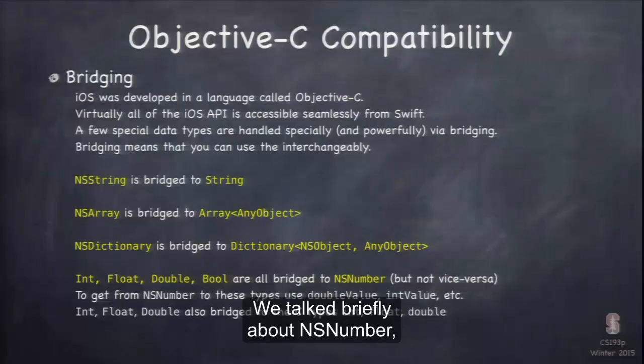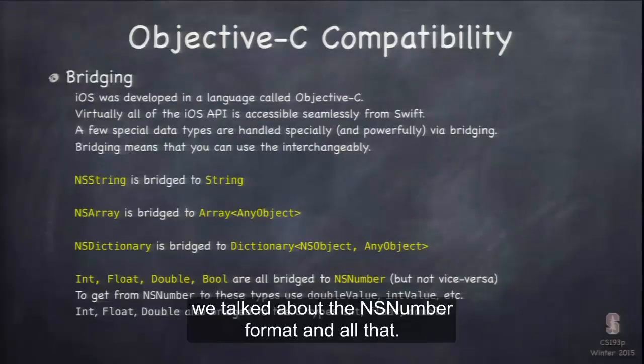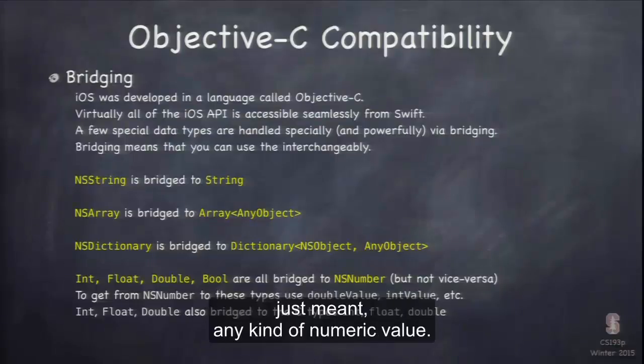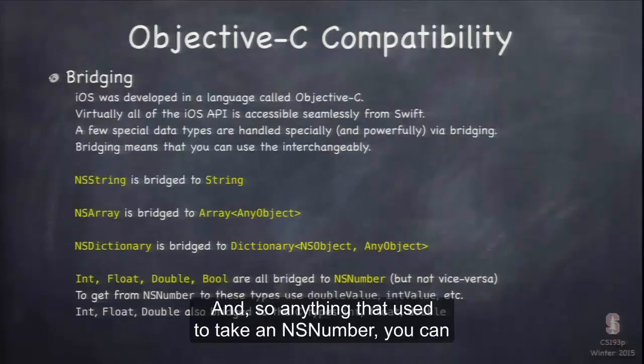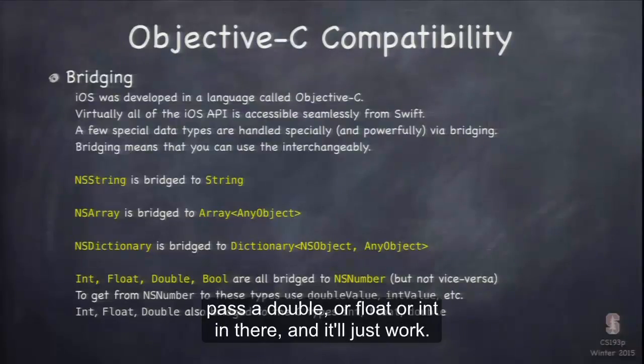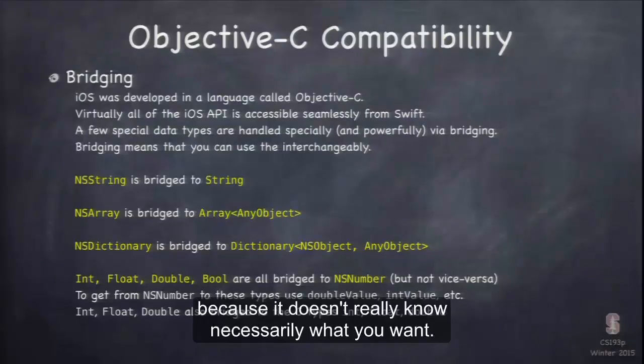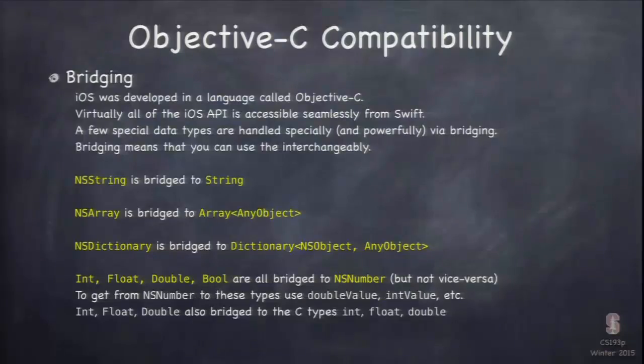We talked briefly about NSNumber. We talked about the NSNumberFormatter and all that. So NSNumber was the old Objective-C object that just meant any kind of numeric value. And so anything that used to take an NSNumber, you can pass a Double or a Float or an Int in there, and it'll just work. Of course, coming back the other way isn't automatic because it doesn't really know necessarily what you want.